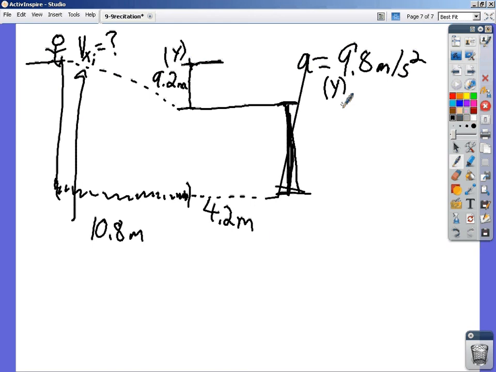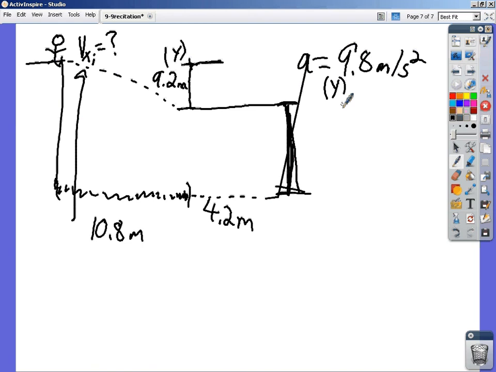There's a couple of other things that we can assume. One we can set by saying this is the origin. That's really the last thing we need. So V initial or V naught is what? 0.